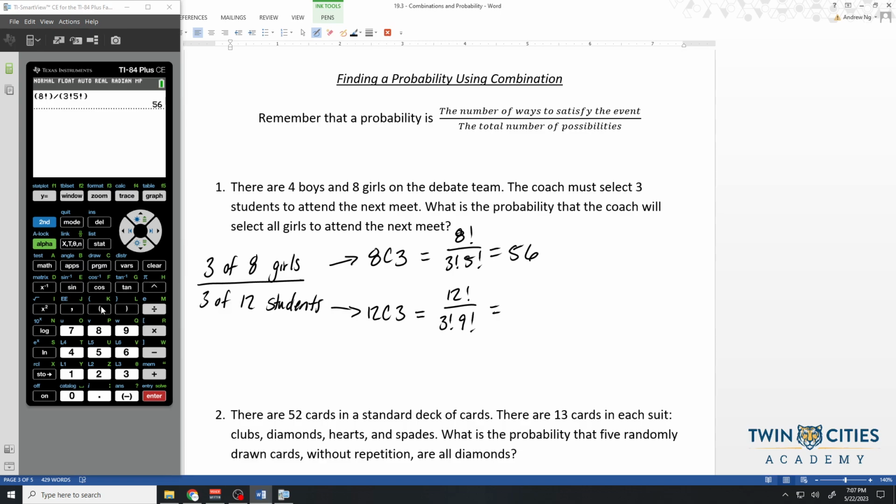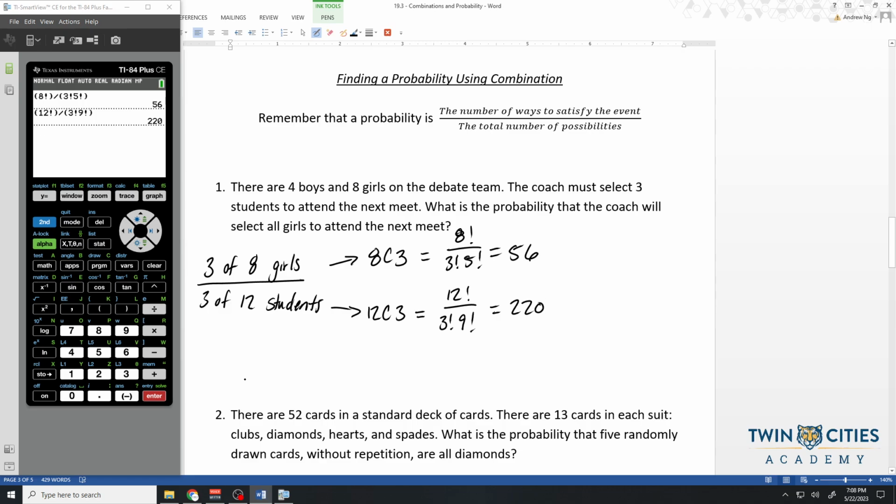Let's do parentheses 12, and then factorial. Close that off, divided by parentheses. I've got 3 factorial, and then 9 factorial. This is 220.